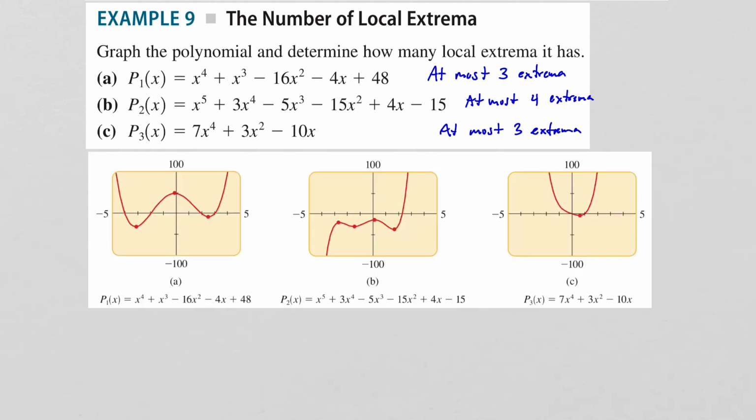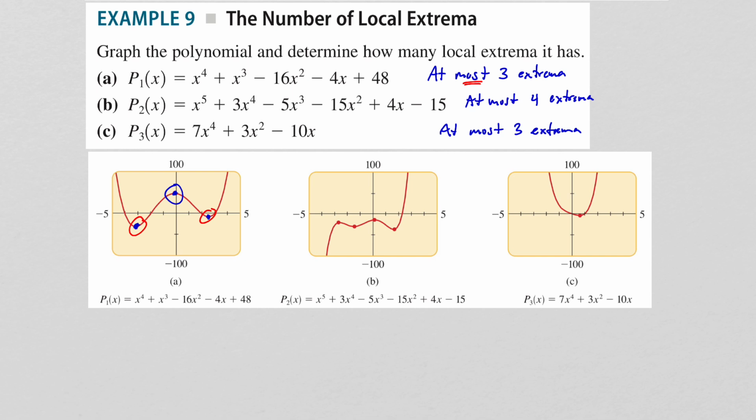So you should notice for the first one here, if you look at the graph, it actually has 1, 2, 3 local extrema, right? So it has 1 local maximum, and it has 2 local minimums. Okay, so that's consistent because we said it should have at the most 3, and in this case, it does actually have 3.